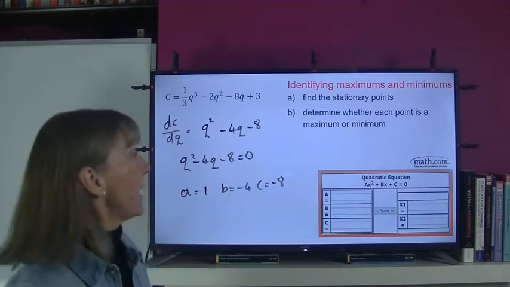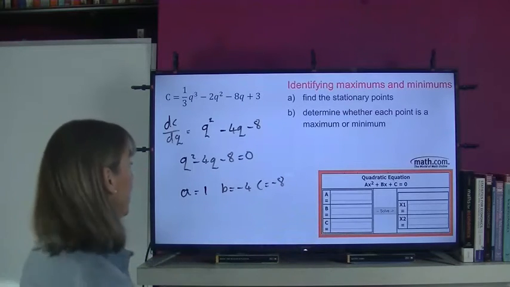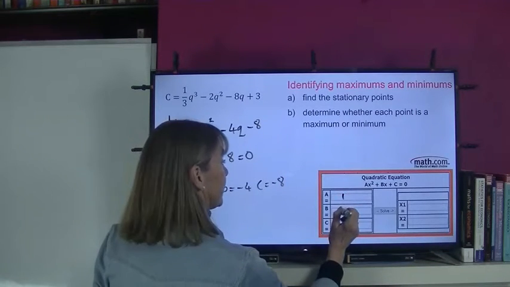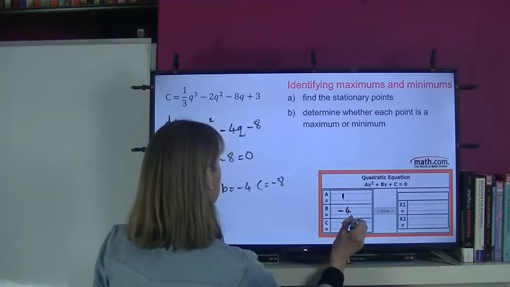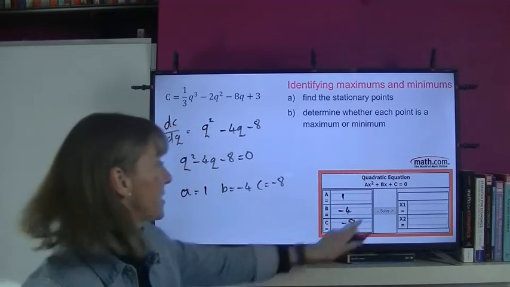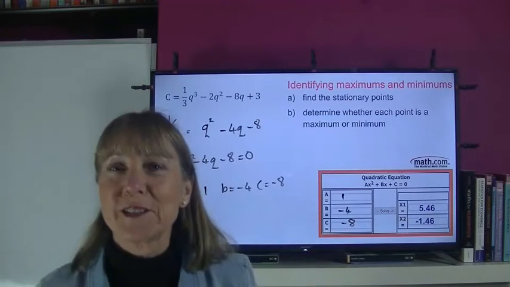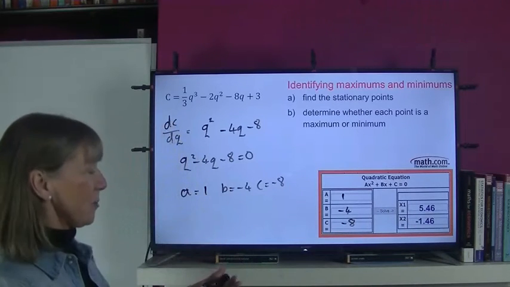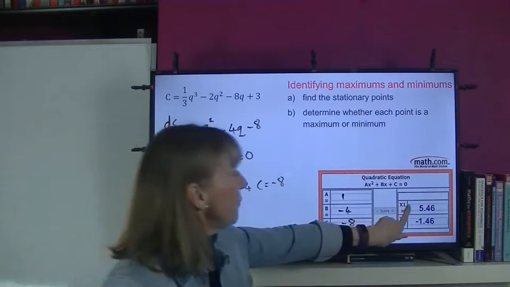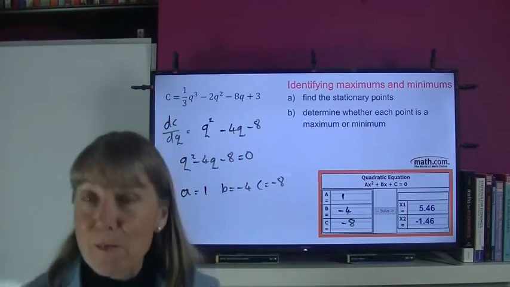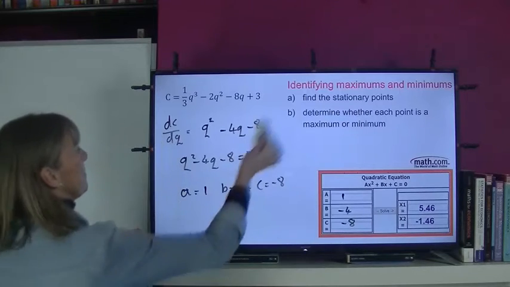Then we get back our handy dandy calculator. We write in our a, b, c values. We press solve, and we get 2 values of q that solve this quadratic. So these are the 2 values of q where we have a maximum and a minimum.